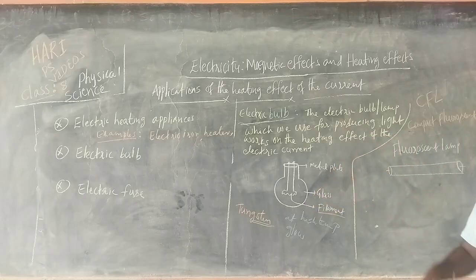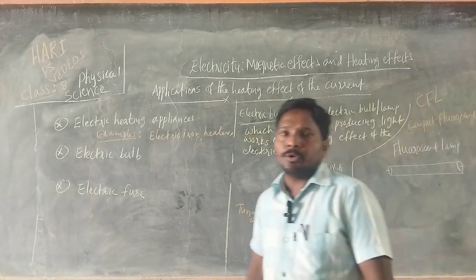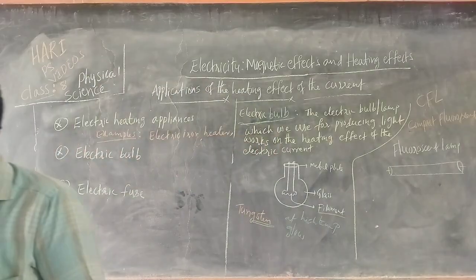Here, heat energy is wasted. More electrical energy is consumed by the filament. So to avoid such a problem, nowadays we are using CFL, compact fluorescent lamps or fluorescent lamps. They also produce light energy.